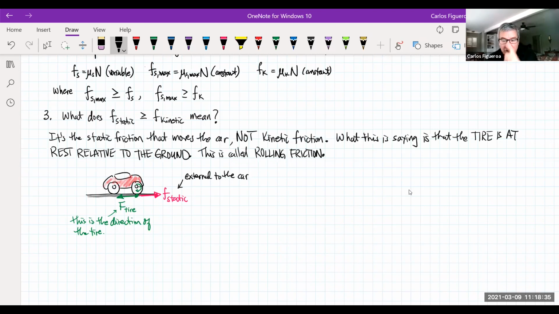Now, one of the things that we should talk about is, what do I mean by static friction? Well, for starters, when you look at tire tracks, what you find here is that tire tracks are not, how do I say this?